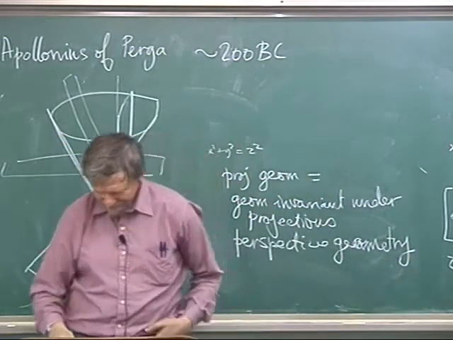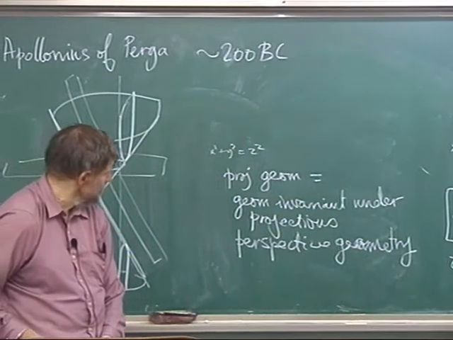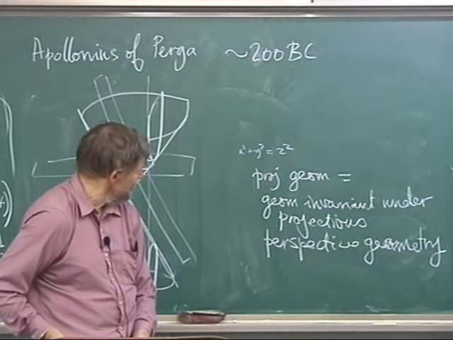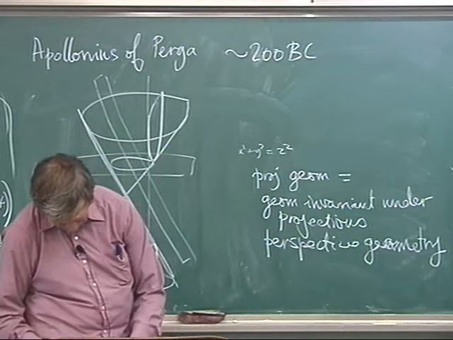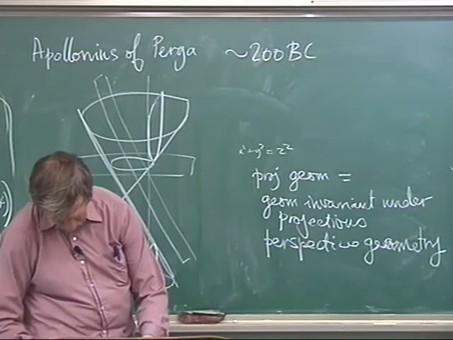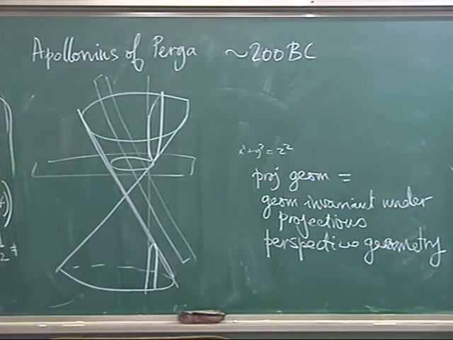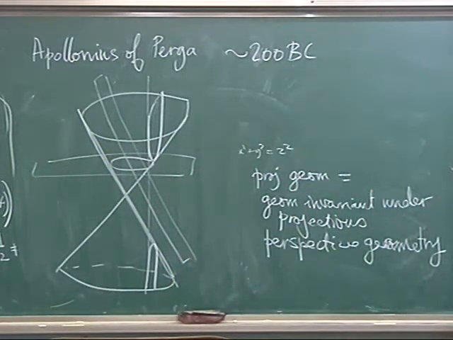In Oriental languages, perspective geometry is called far near method. This is Matteo Ricci's translation, presumably. The building we're in is named after Matteo Ricci. But perspective.